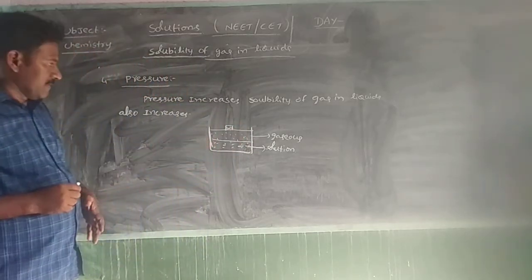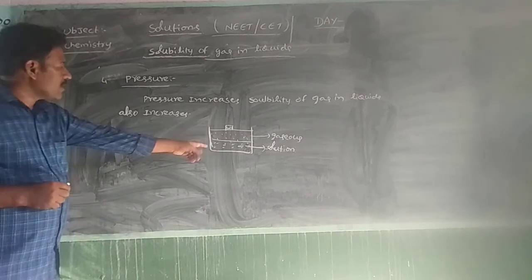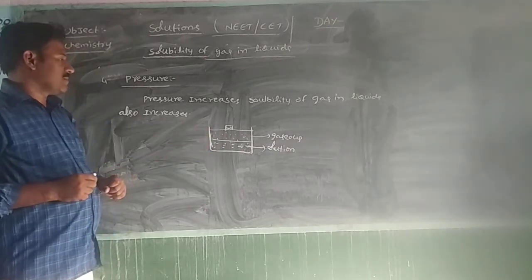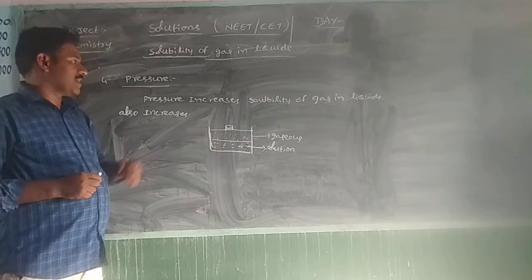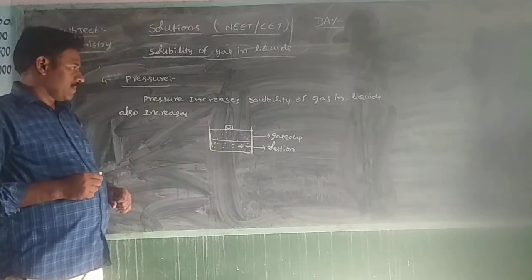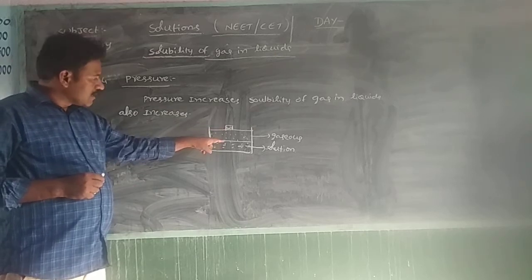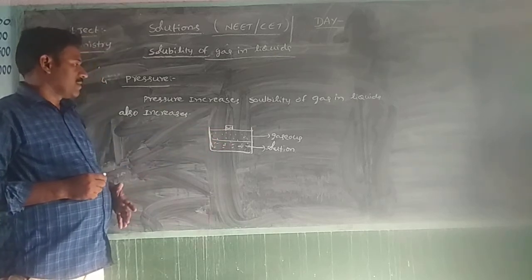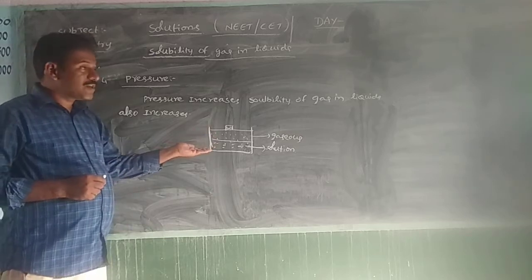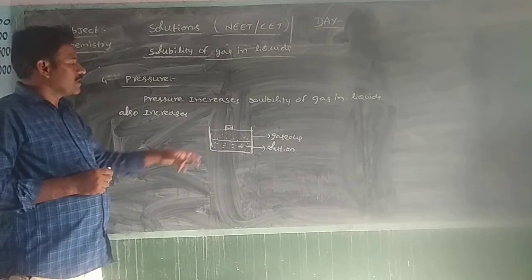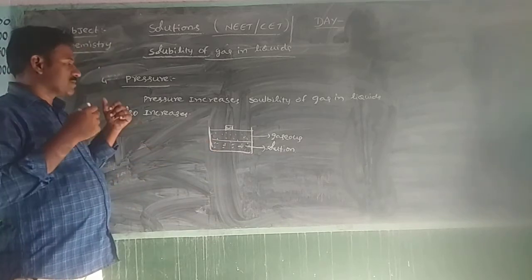In this condition, the lower part is the solution, the upper part is the gaseous system. The state of the system is dynamic equilibrium. The rate of gaseous particles entering and leaving the solution phase is the same.